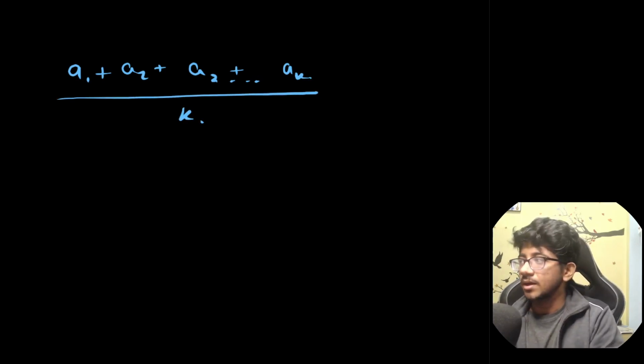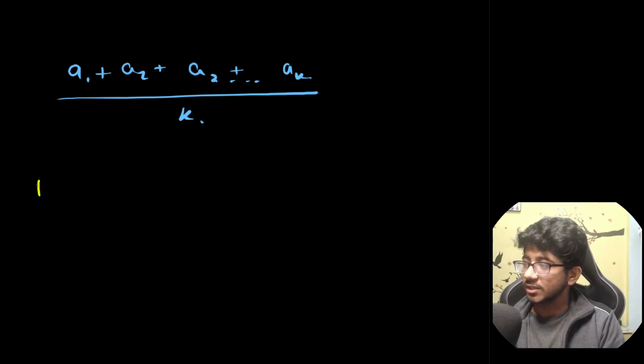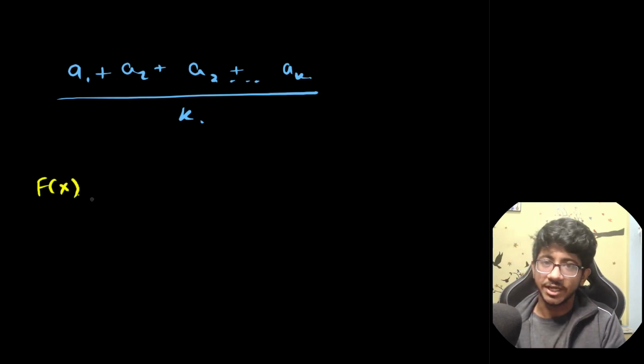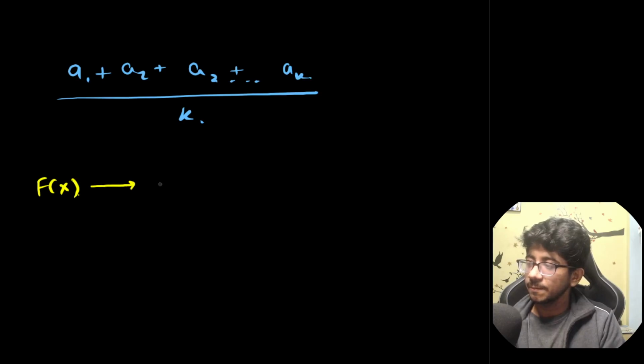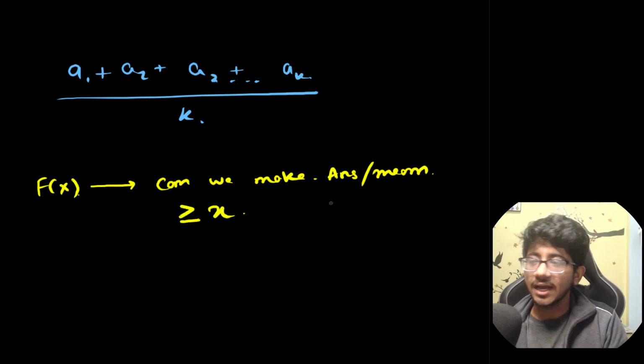If we try to solve this with binary search, we will make a construct, f of x. This is the check function, which will tell us, can we make my answer, or the mean, greater than or equal to x? Can we make mean greater than or equal to x, right?